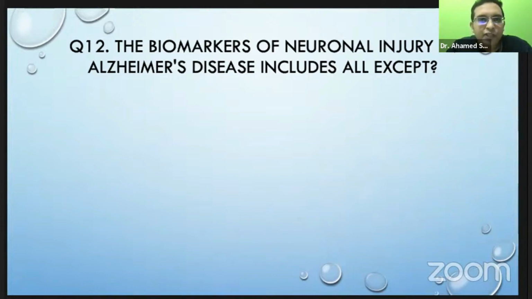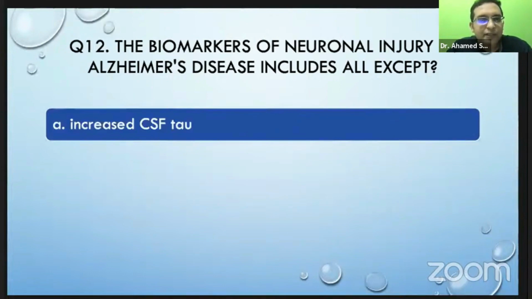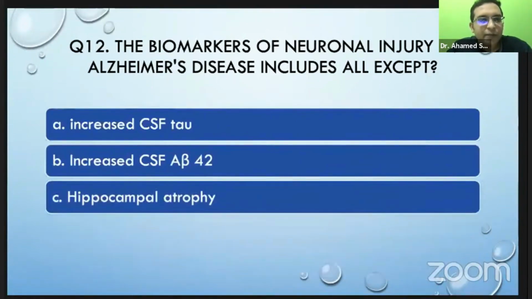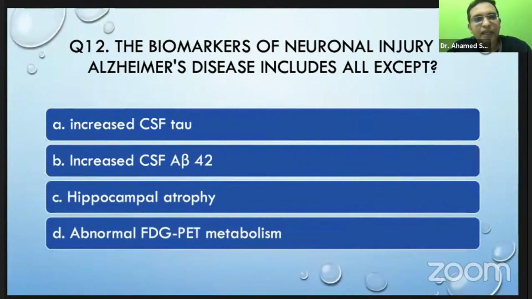Biomarkers of neuronal injury in Alzheimer's disease include all except: increased tau, increased CSF A beta 42, hippocampal atrophy, abnormality in FDG PET metabolism. Actually, A beta 42 is increasing within the brain, but it is not seeping into the CSF because it's getting clumped.